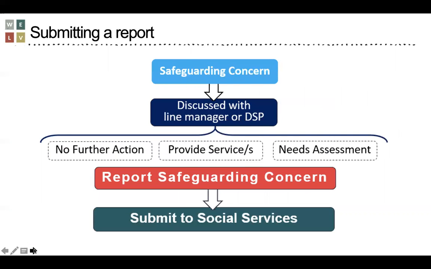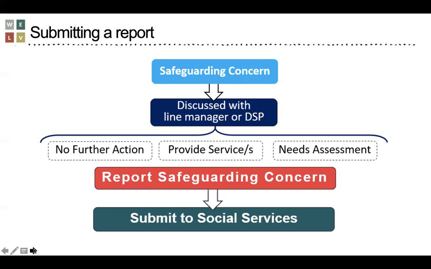So a reminder of what's been covered so far in Sections 1 and 2. We've identified that an adult meets the definition of an adult at risk. That is our safeguarding concern. We've discussed that concern with the line manager or designated safeguarding person.